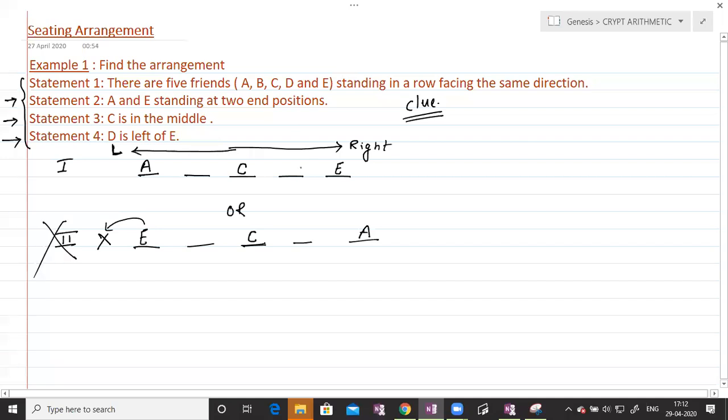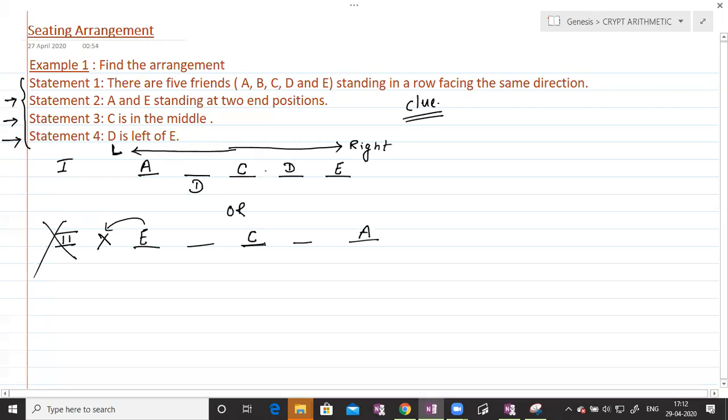The left of E, where should it be? It should be here, or it could be here. Remember, friends, it's not given that D is immediate left. Keep in mind, immediate left or immediate right means the next, just next to you. It's not given. It's given left of E.